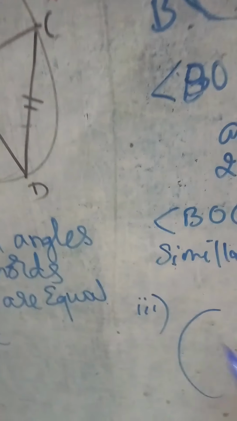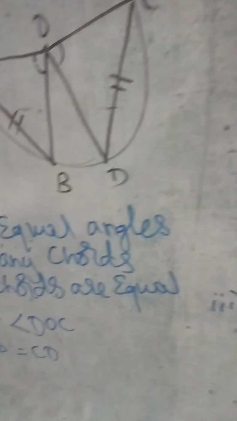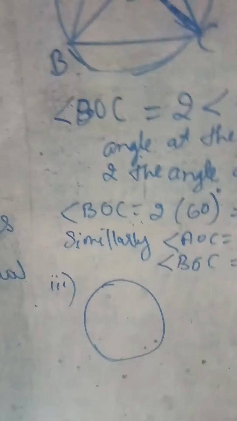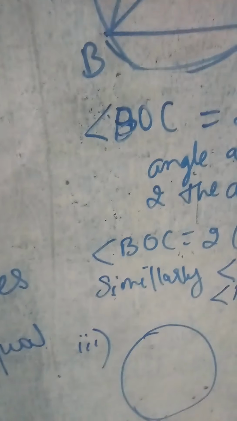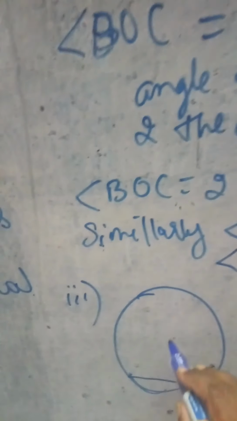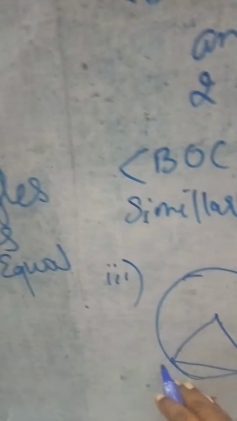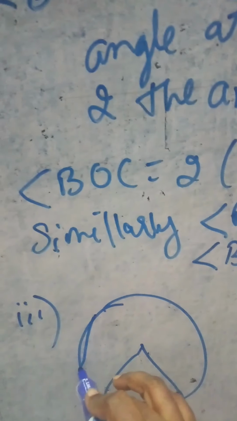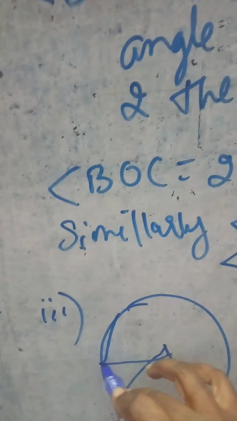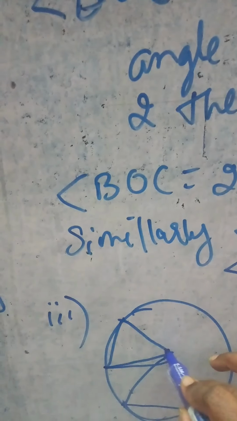Here is a circle. Now in the circle, if you imagine 3 things. One is a side of a square, which subtends an angle at the center. Then a side of a hexagon, which subtends an angle at the center.